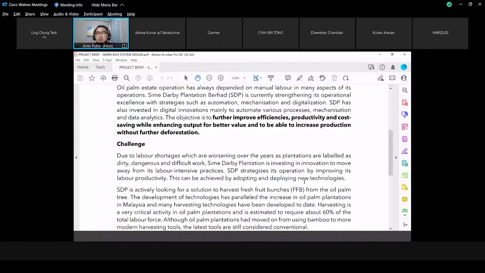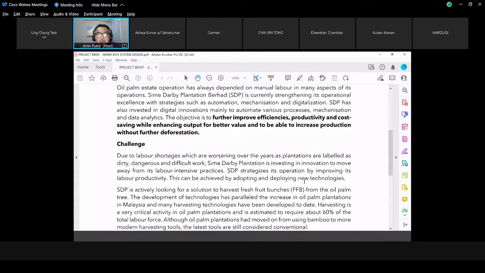There must be a few teams focusing on short term, and a few teams focused on long term. This is the agreement you need to make for all the teams, on who will focus on the short term and who will focus on the long term solutions. All right, so this is very critical.